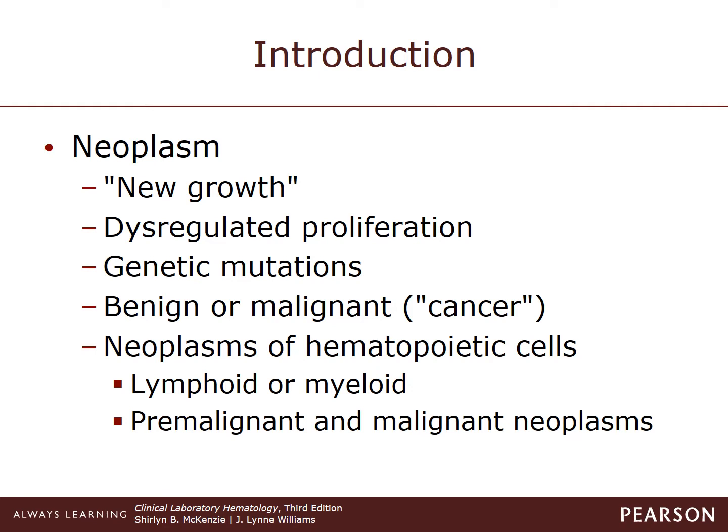Now really only malignant tumors are correctly referred to as cancer. Although cancer is actually a malignancy of epithelial tissue, the common use of the term includes malignant neoplasms. And these malignant neoplasms in hematology are referred to as leukemias.